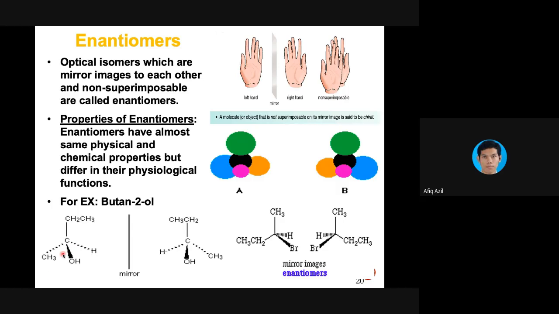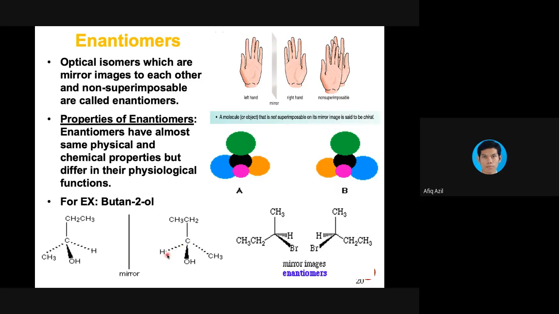So this is the wedge-dash representation. Now, if you draw a mirror, let's say there is a mirror here, the opposite image would be you have C, the one on top is still the same, but the hydrogen is now pointing to the left. This one is to the right.